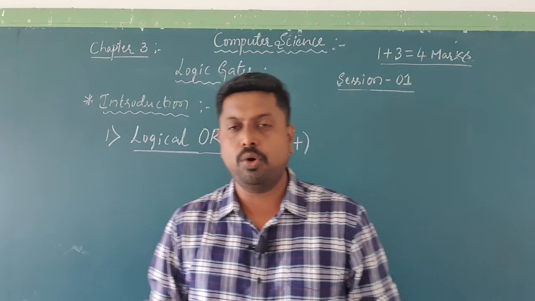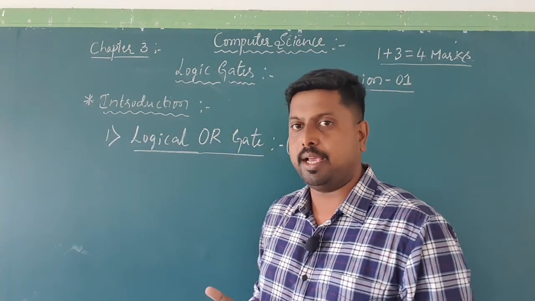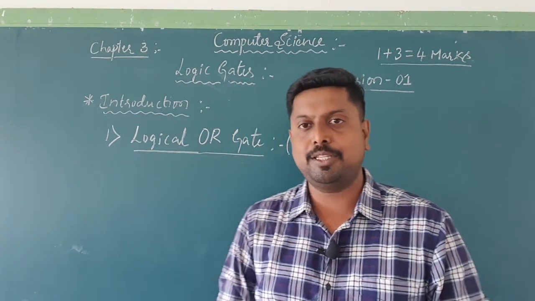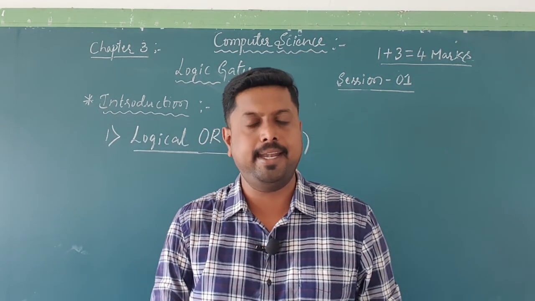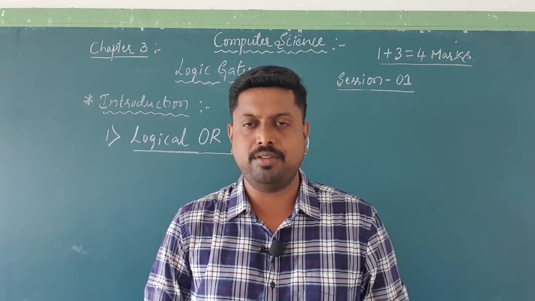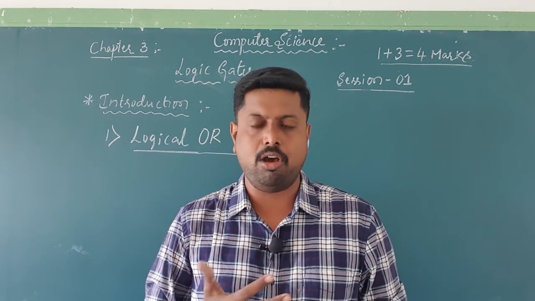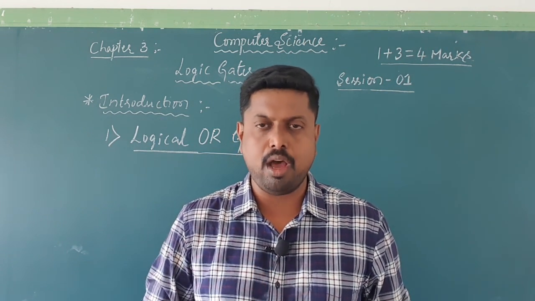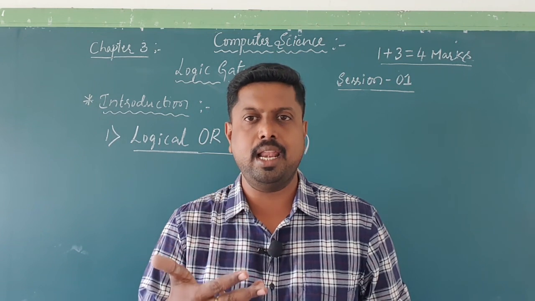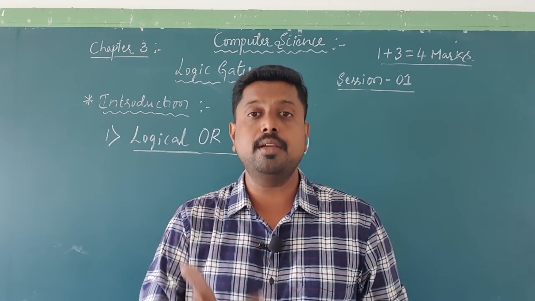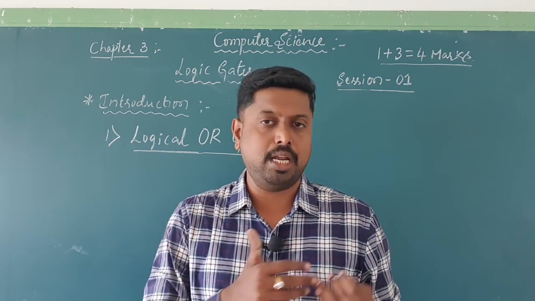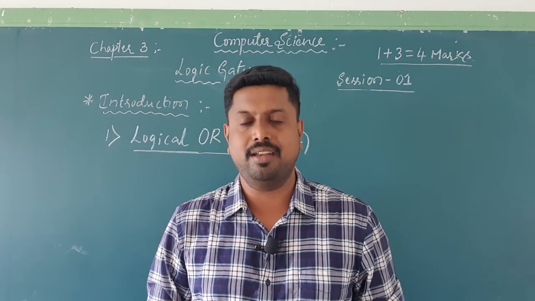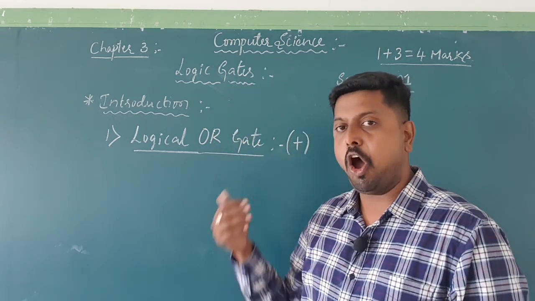I will show you. But before going to that symbolic representation, I will come to the definition. The definitions of the logical OR gate and the logical AND gate are the same: which gate accepts 2 or more inputs produces a single output. But here the operation is not multiplication, here it is addition, because this is a logical OR gate.